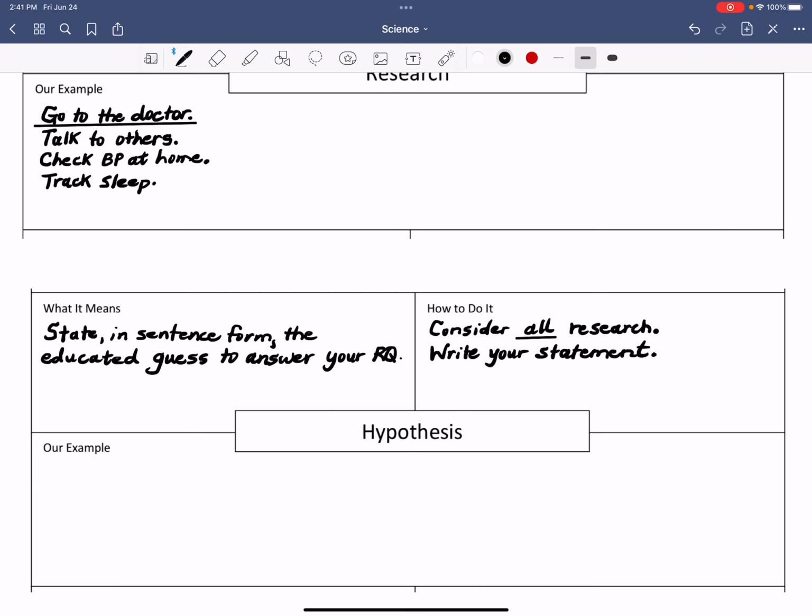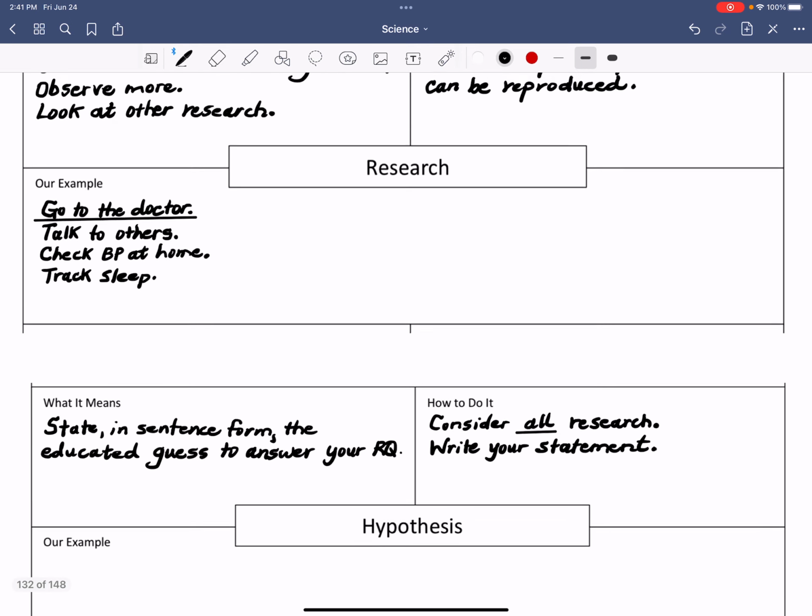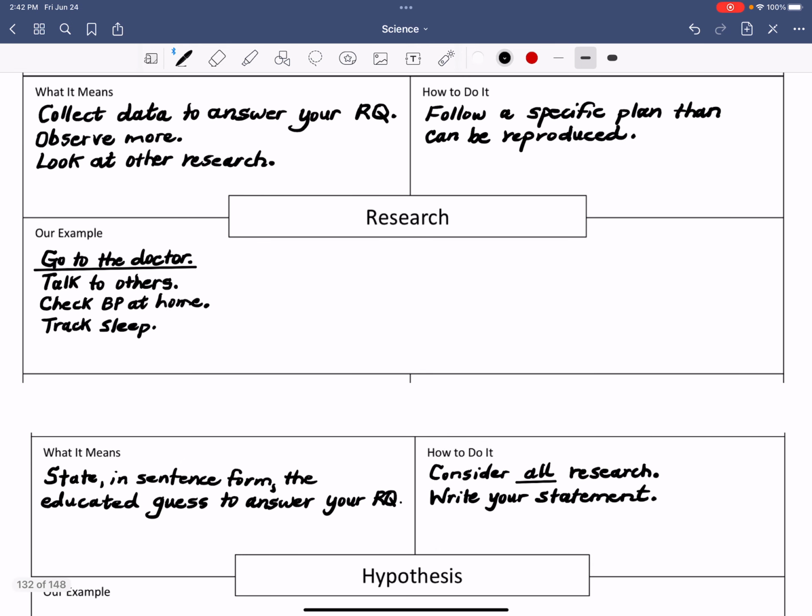So in our example, Sam goes to the doctor. Let's add a little bit to the research. So I'm going to go back to this card just a minute. Doctor finds that Sam's blood pressure is very high. It's higher than it should be.